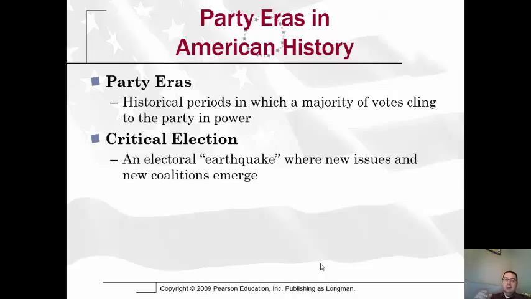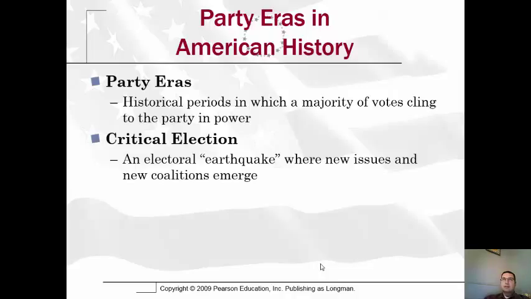Then there's also the idea of a critical election, meaning that FDR, for instance, when Franklin Roosevelt was elected, he brought in new groups of people to support him when he was first elected over Herbert Hoover, regarding the Great Depression and stuff like that.